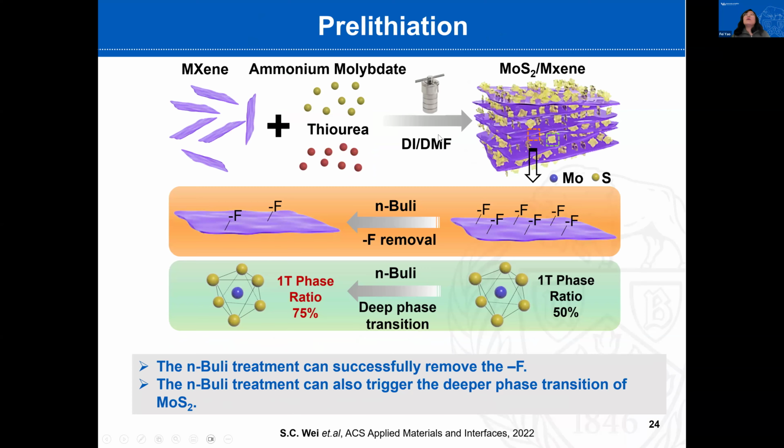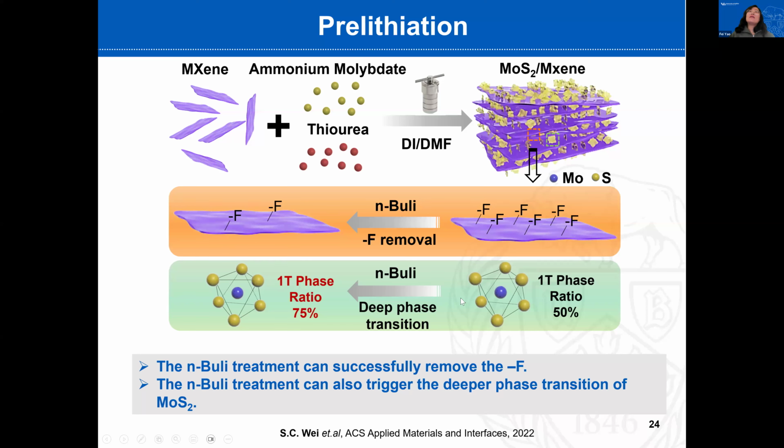So based on the material synthesized before, we can simply conduct the n-butyllithium treatment, where we will produce enriched lithium ions through the n-butyllithium. Then this lithium ion can remove the surface fluorine functional group, which means it acts as a scissor to cut off the bondings between the fluorine functional group and the MXene backbones.